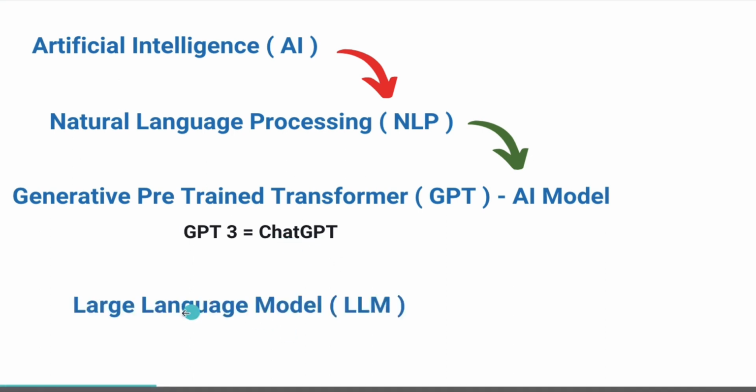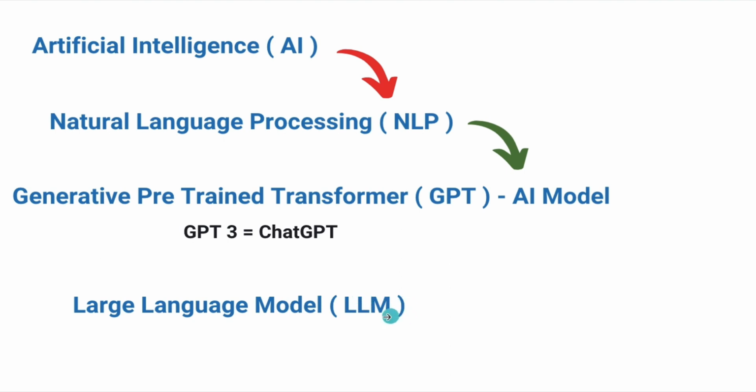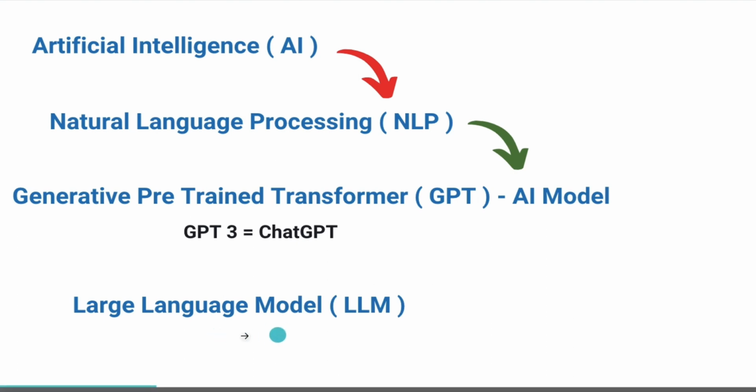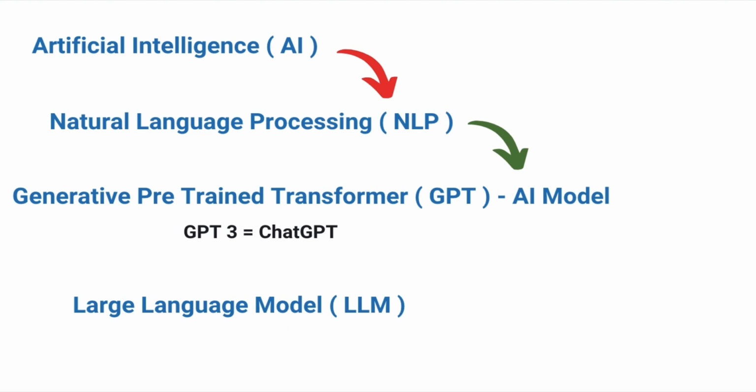And the last one we have is the large language model. In short, we call it LLM. Now, large language models are not possible for us to teach you right now, but large language models are trained on lots of parameters. We have plenty of parameters, like top p and plenty more.